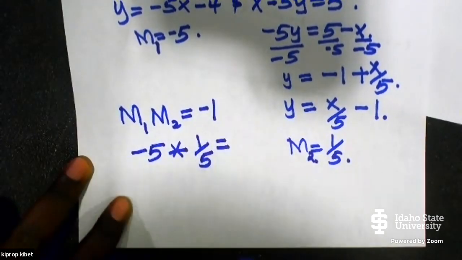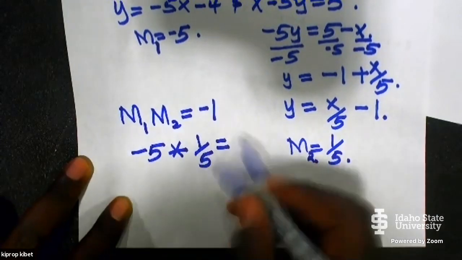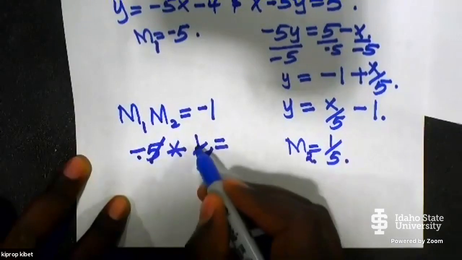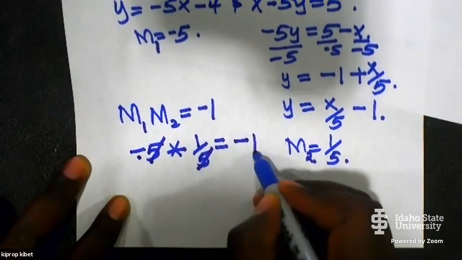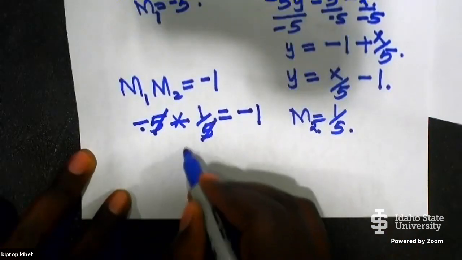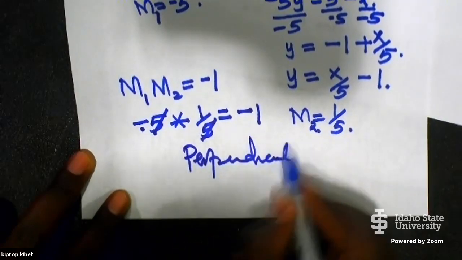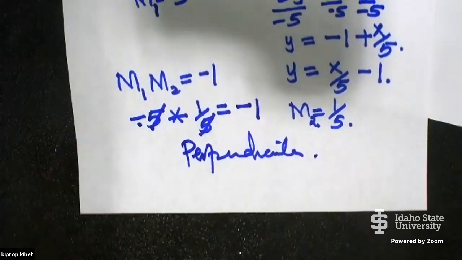The 5s cancel, and -1 times 1 is equal to -1. So therefore, this line is what? Perpendicular. So this one is a perpendicular line. We say for perpendicular lines, m1 times m2 equals -1.